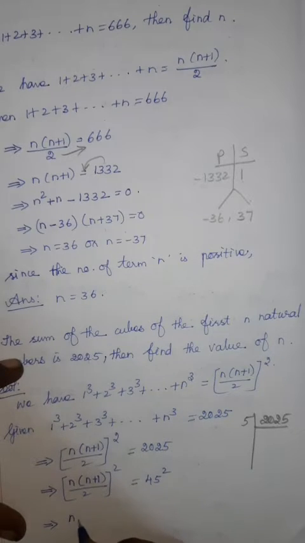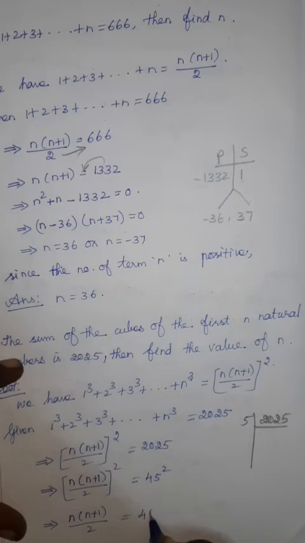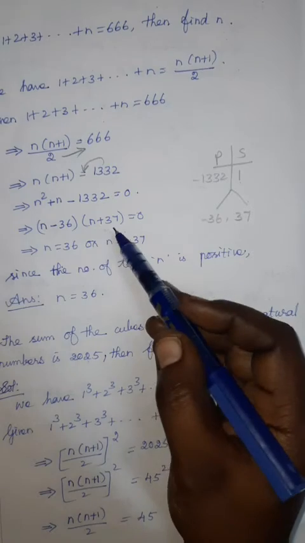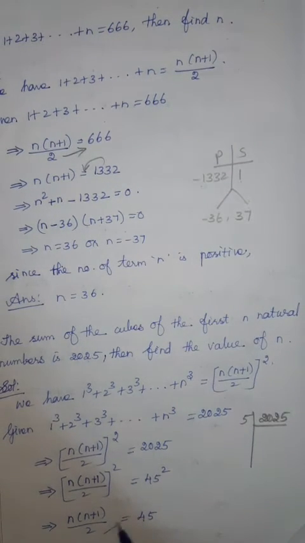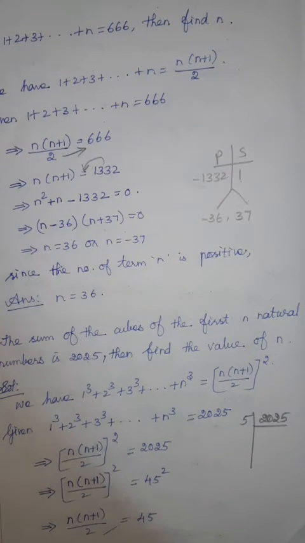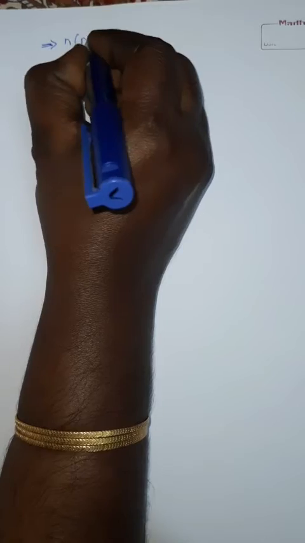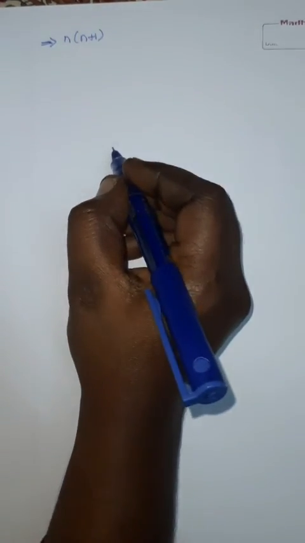So n(n + 1)/2 = 45. Now we need to find the value of n. Like the previous question, we can cross multiply. It is the procedure. Which implies n(n + 1) = 90.